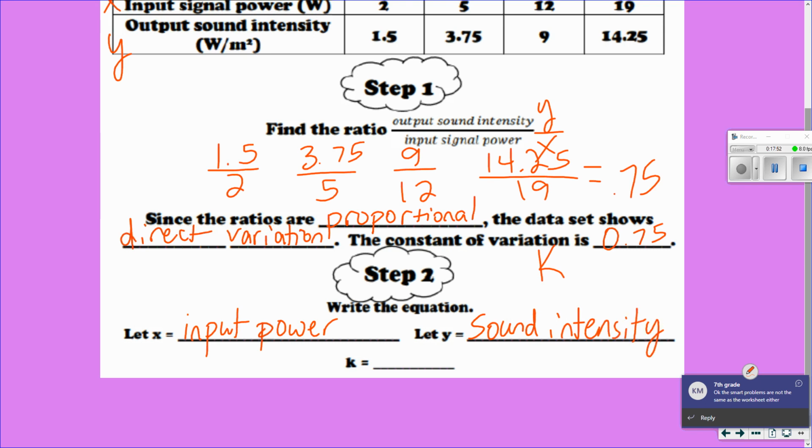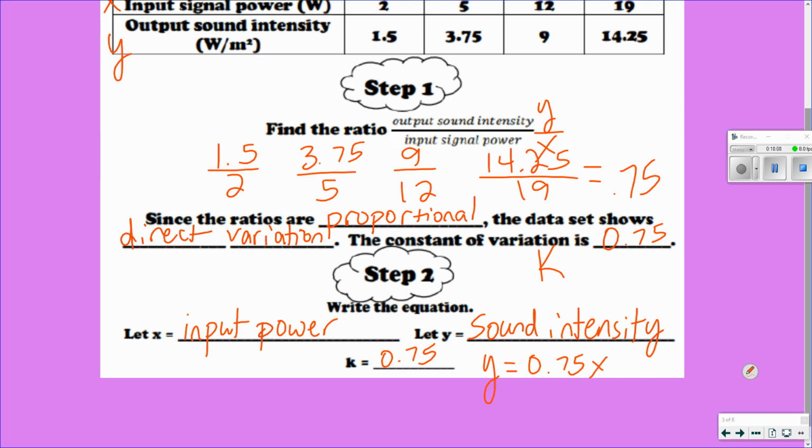So then what is K? 0.75. And if it asked you to write an equation, it would be Y equals 0.75x. You're just taking that K and plugging it into the spot where it goes. That's all.